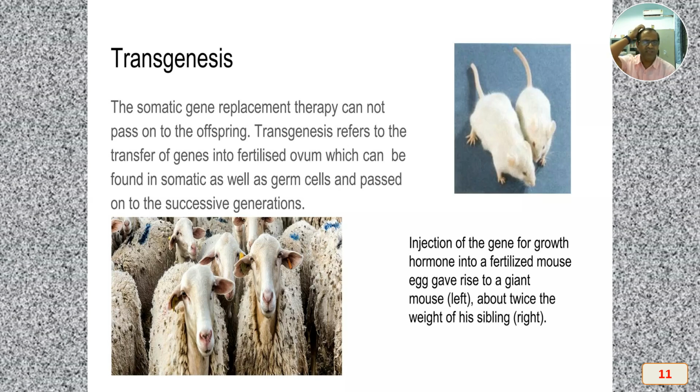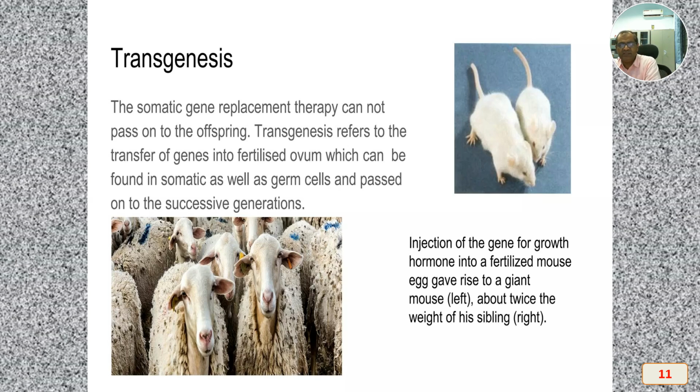Somatic gene replacement therapy cannot pass into the offspring, whereas transgenesis refers to the transfer of genes into a fertilized ovum, which can be found in somatic as well as germ cells and passed on to successive generations.